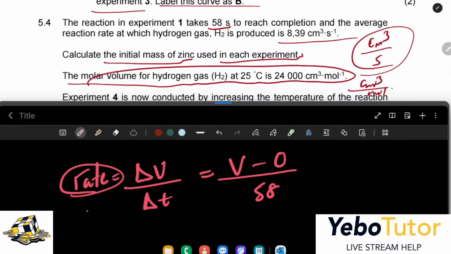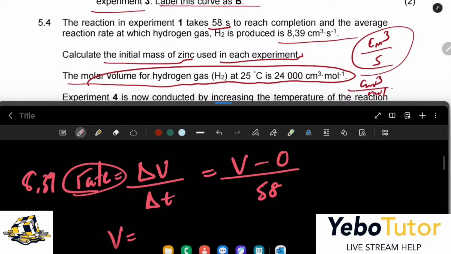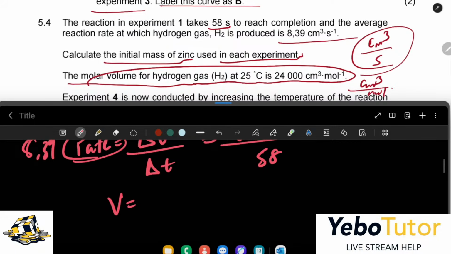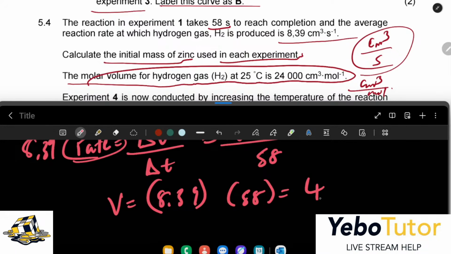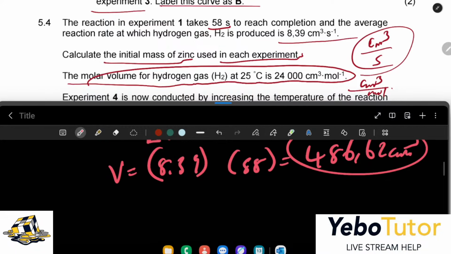The rate we're given is 8,39 centimeter cubed per second. If we make V the subject of the formula, V equals 8,39 multiplied by 58, which gives 486,62 centimeter cubed. Now that I have that answer, I can calculate whatever I want.